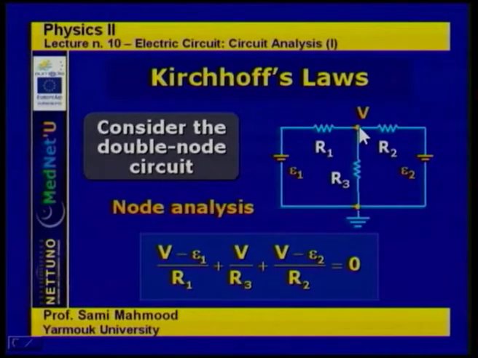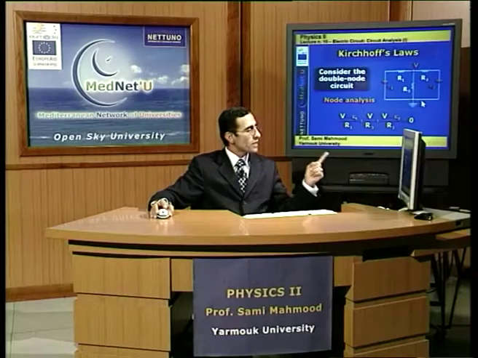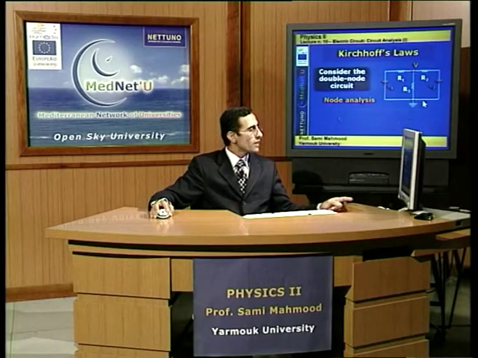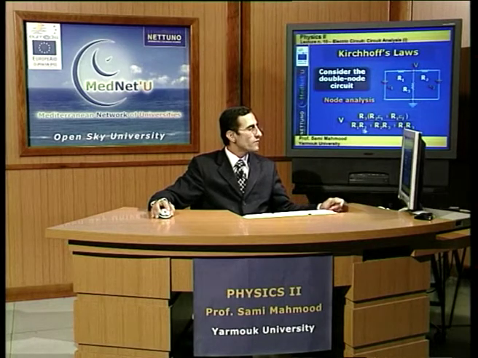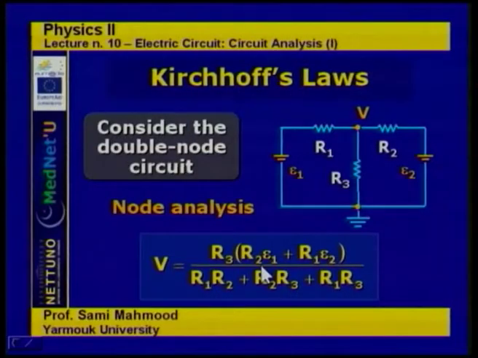Now, plus V over R3 or times G3, that's the current through this branch, plus V minus epsilon 2 over R2 or times G2, that's equal to 0. This is the equation, one unknown, and we can solve it and find the potential V. V is equal to R3 times, in parentheses, R2 epsilon 1 plus R1 epsilon 2, all divided by R1 R2 plus R2 R3 plus R1 R3. So this is the potential.